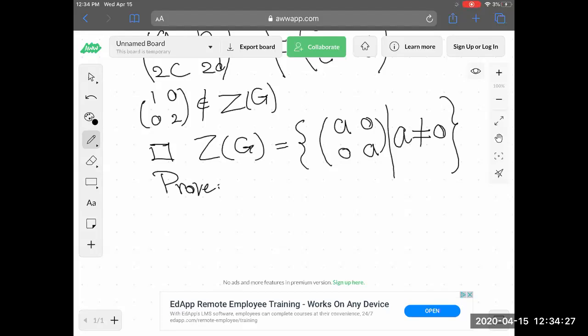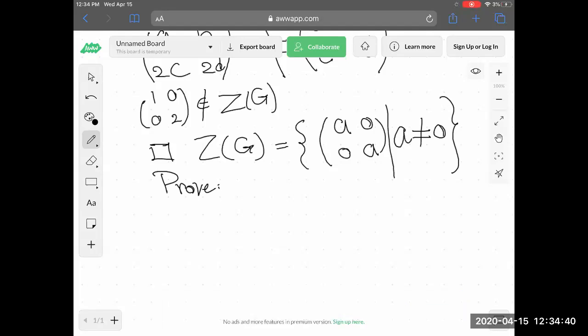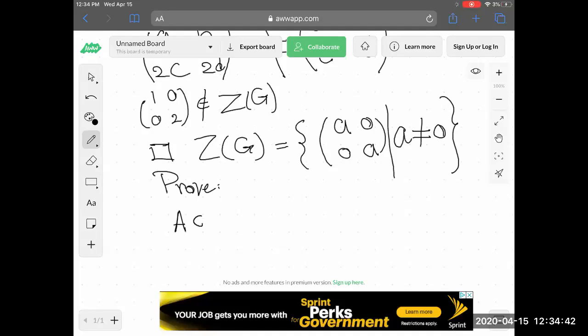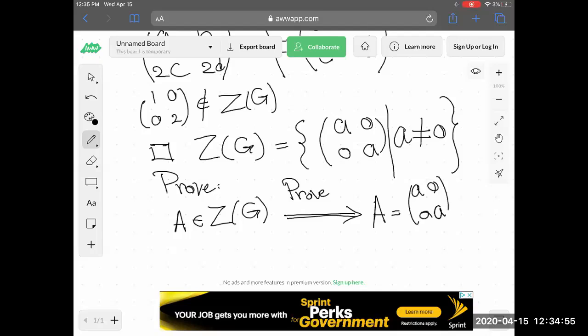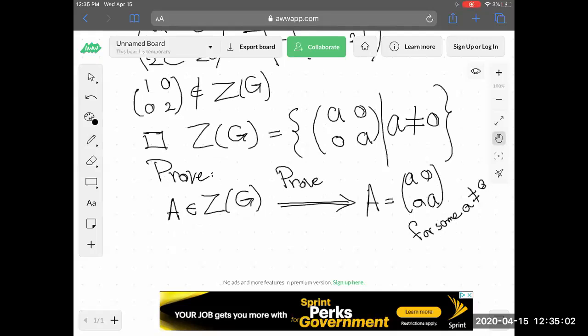The way to prove it is to write down the definition. Suppose A is an element in the center. What I want to show is that A is equal to A, 0, 0, A for some non-zero A.